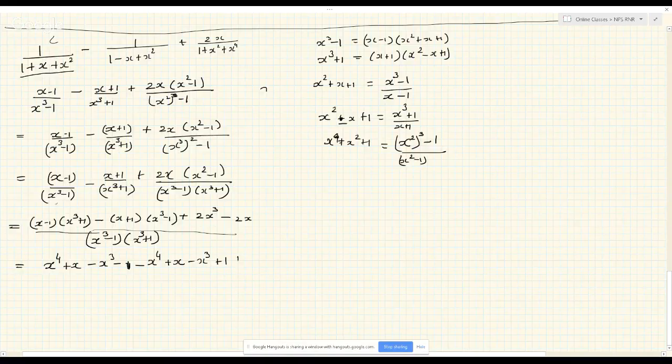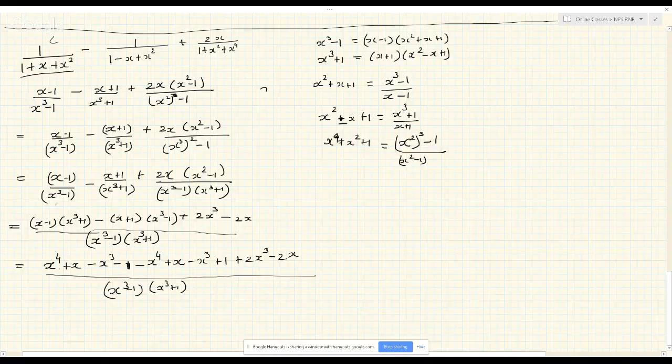Okay, and then this is 2x cube minus 2x upon (x cube minus 1)(x cube plus 1). Let's check once more if the calculations are correct.